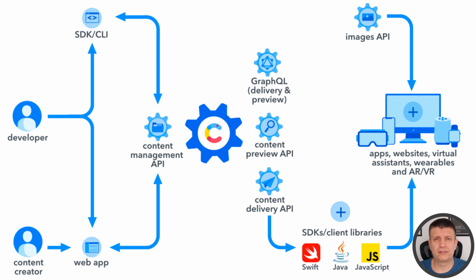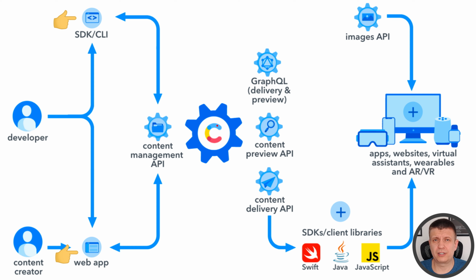On the example of Contentful, let's take a look at a high-level structure of the Headless CMS. As a developer, you will be using the CLI or SDK or the Contentful web app to define the content model and content types. The clients or content creators will be using a web app to put the content right into those content models that you created for them.